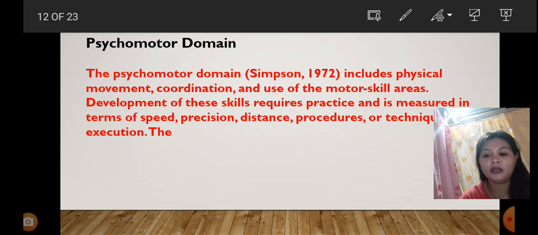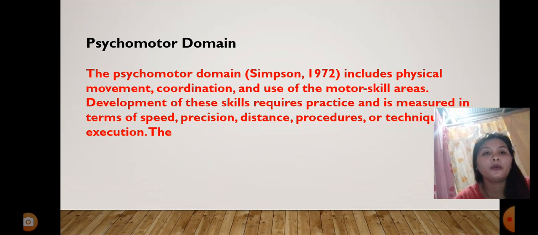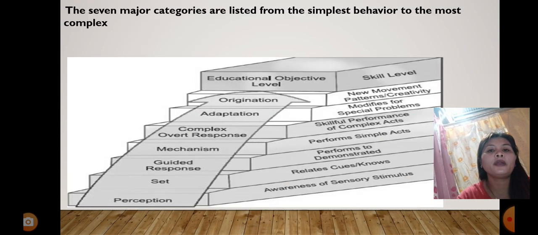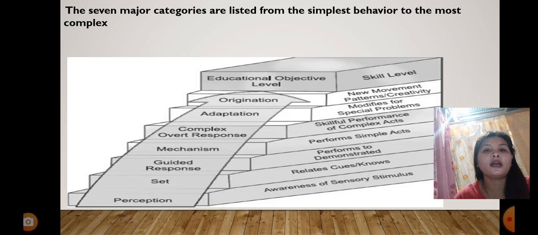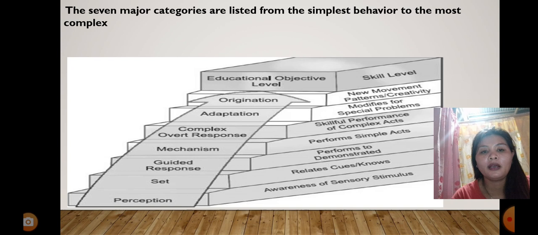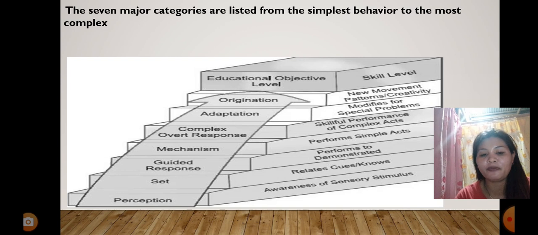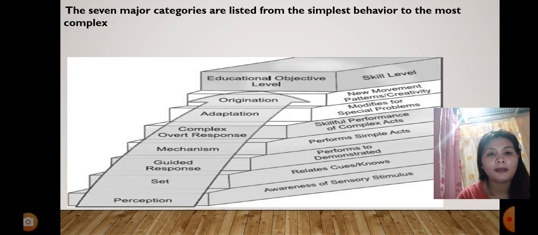So, in the psychomotor domain, there are 7 major categories. We have perception, set, guided response, mechanism proficiency, complex overt response, adaptation, and origination.